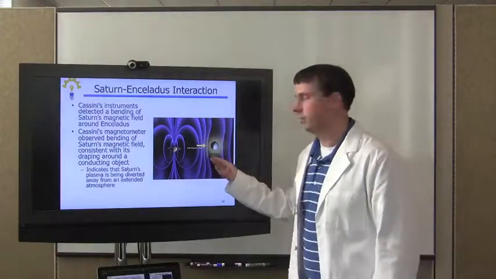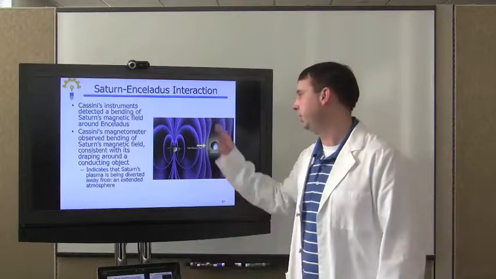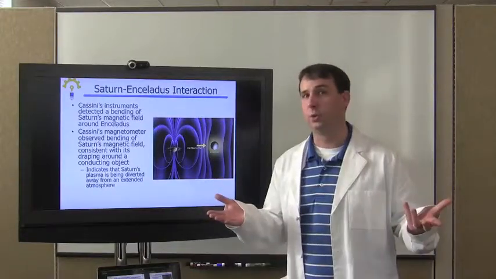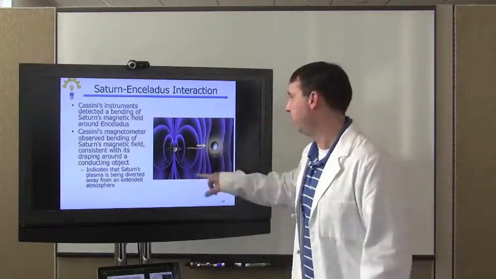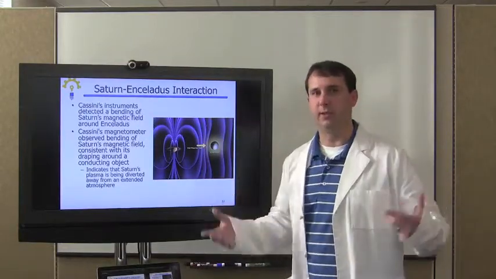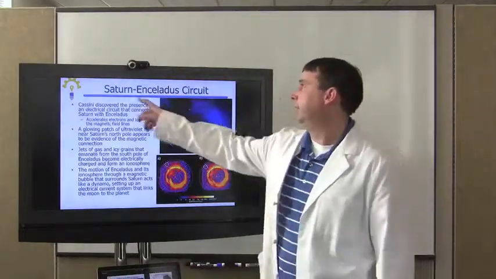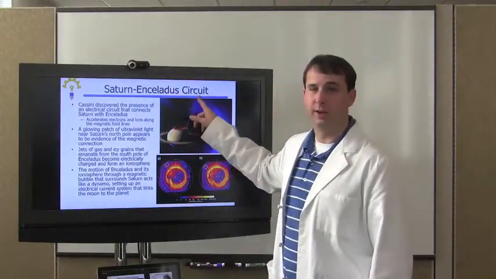Basically, Saturn's magnetic field is being changed around Enceladus. Very cool stuff. There are the magnetic field lines, and as they get to Enceladus, they're bent.